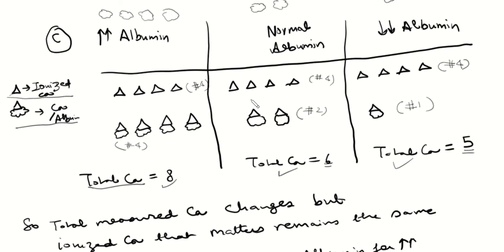What is that? In all three states, the ionized calcium, which is what my body is targeting, which is what matters to my body, that remains the same. But the calcium that I measure in all three is completely different.